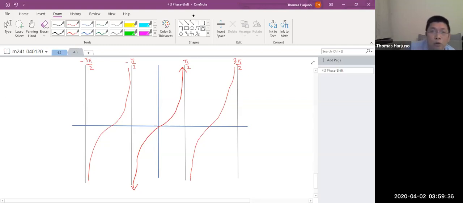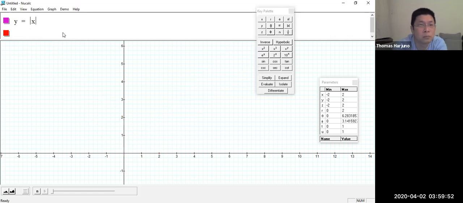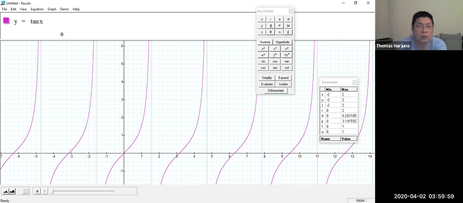Okay, I can use my graphing paper right now to show you what the graph of tangent x looks like. It's like this.